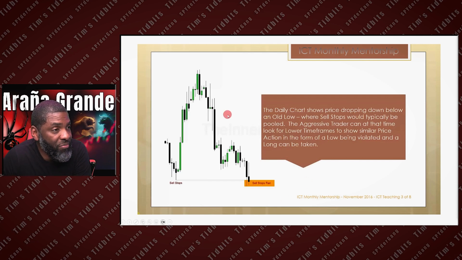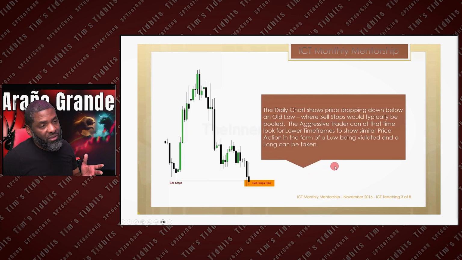Now, in this slide, the daily chart shows price dropping down below an old low. See this old low over here, where sell stops would typically be pooled. Why do they call it that? It's a liquidity pool, because all of the sell stops are down here, pooled up under there.